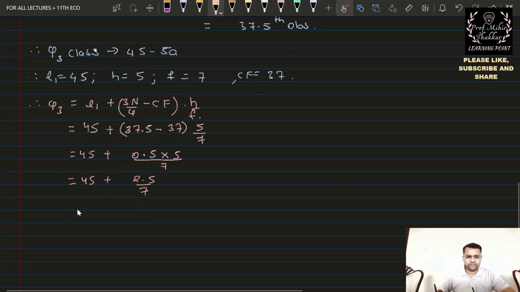On dividing 2.5 by 7, you will get 45 plus 0.357, I should say. So when we add this, it will come out to be equal to 45.35 centimeters. So guys, that is your required value for Q3.